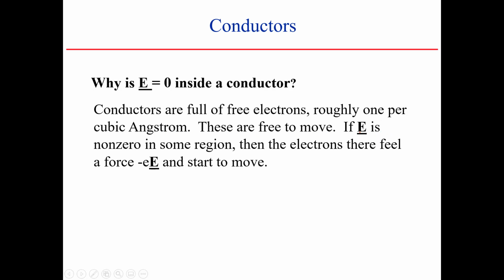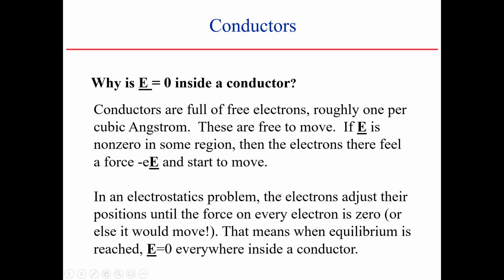If the electric field is non-zero in some region, then the electrons there feel a force equal to Q times E, where the Q of an electron is equal to minus e, times the electric field. So this is the Coulomb force felt by the electron. Now, in an electrostatic problem, the electrons adjust their positions until the force on every electron is 0.